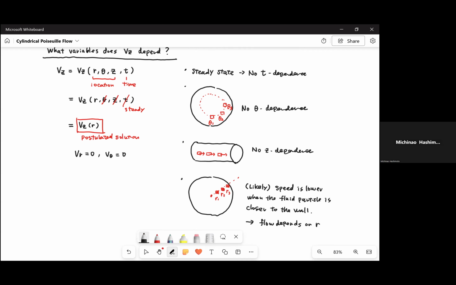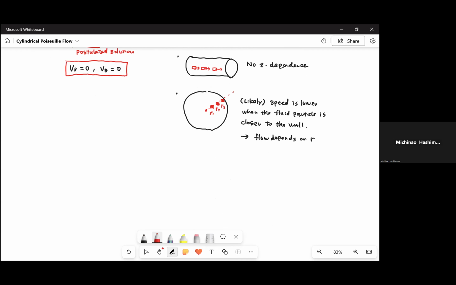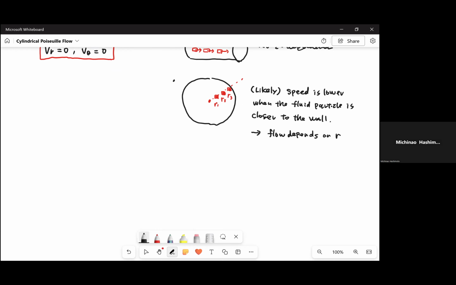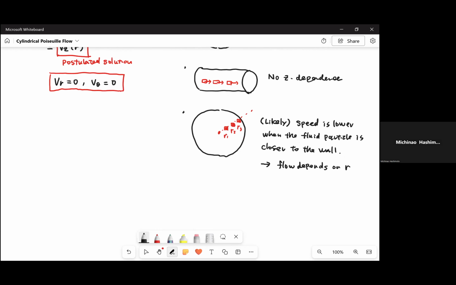These are our postulates. Based on this, that's the first part. The second part is to check this solution with the continuity equation. So part 2.